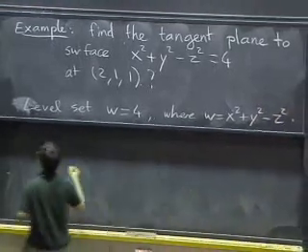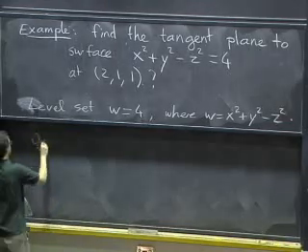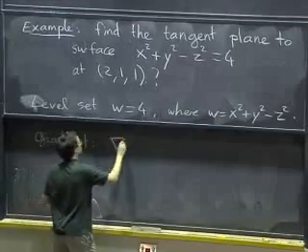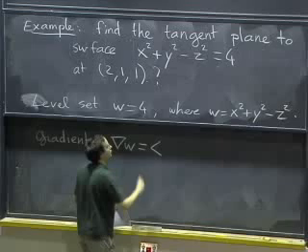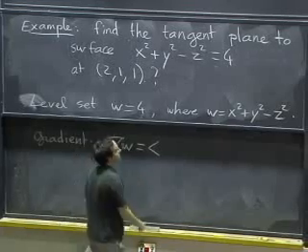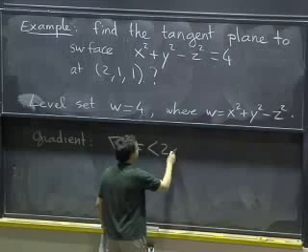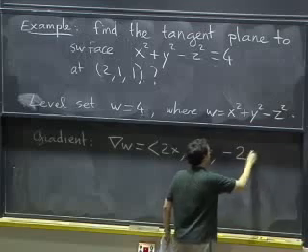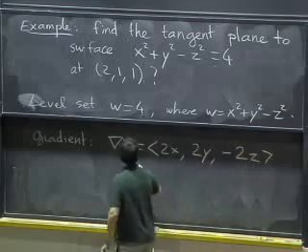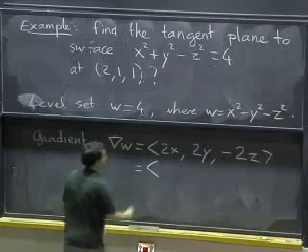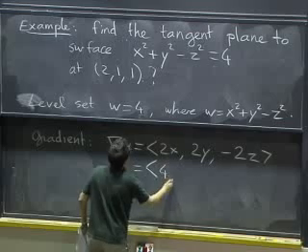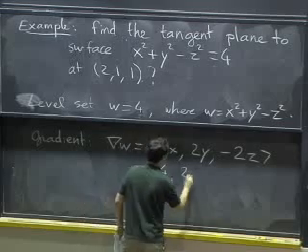And so we know that the gradient of this, well, what is it? 2x, then 2y, and then negative 2z. So at this given point, we're at x equals 2, so that's 4. And then y and z are 1, so 2, negative 2.